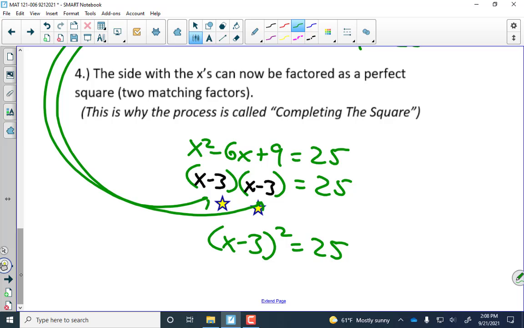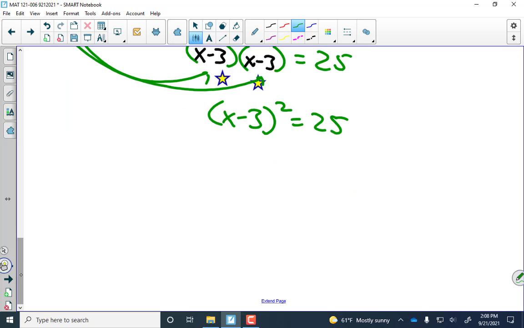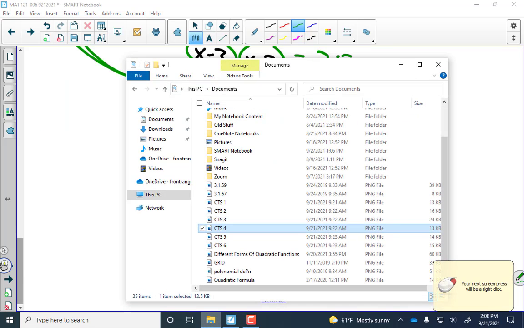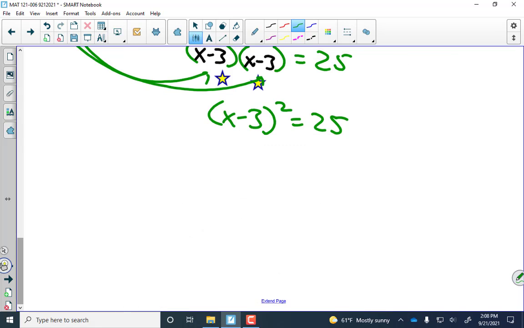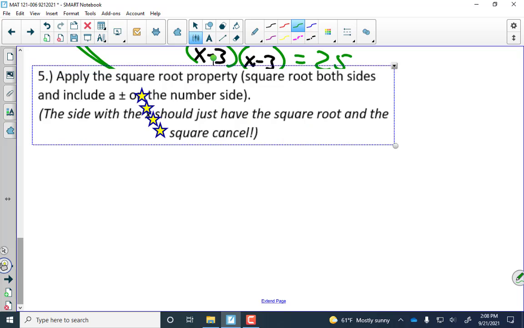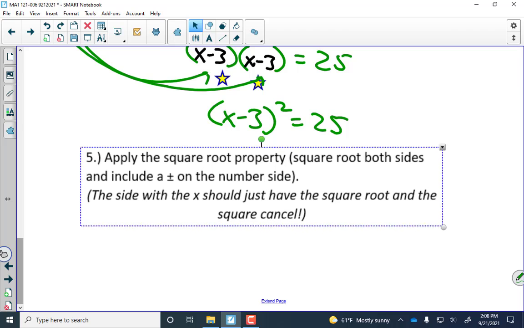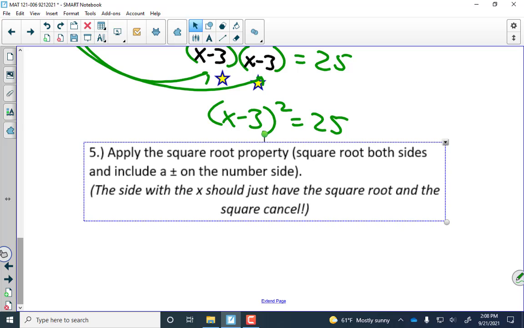And once you have that perfect square over there, everyone, it is time to apply the square root property. Take the square root on both sides, and include a plus minus on the number side.